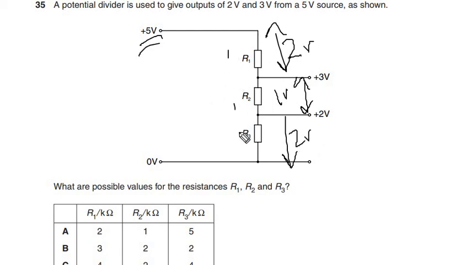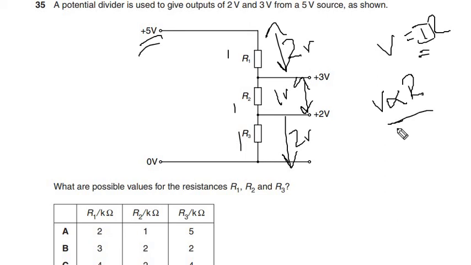As R1, R2, and R3 are in series, we can use V is equal to IR. And they're in series, so the value of I is the same. So the voltage across each one is actually proportional to the resistance of each one. So this has a voltage drop of twice of this, and then again this is the same as this, which is again twice of that. So you could say, if they're proportional, the resistance of this is 2R, then the resistance of this is also 2R because it's 2 volts, and the resistance of this is 1R.